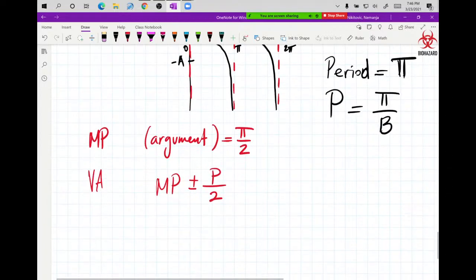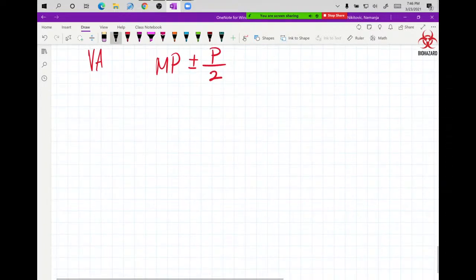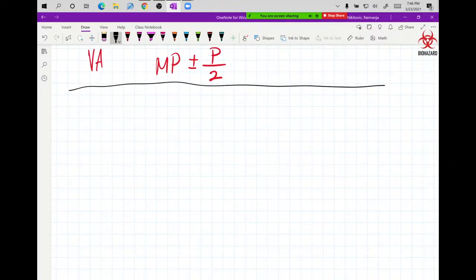All right. So let's take a look at a cotangent example. Let's start with something that is vanilla and then upgrade. So how about negative 2 cotangent of pi over 4 x? Problem 22.